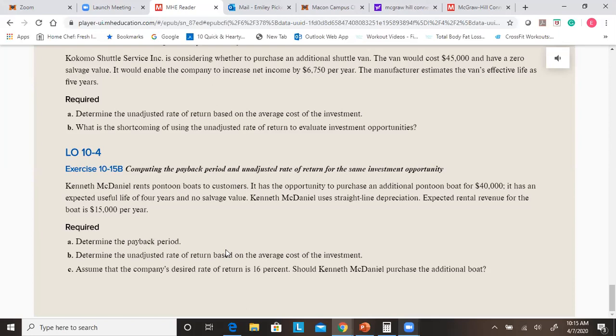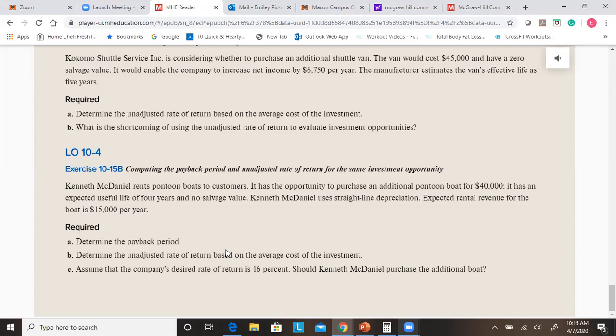And then your unadjusted rate of return, you're going to do the 15,000 over 40,000 divided by 2. That gives you 75%. Okay, everybody okay with that? Does anybody want me to write it up on the board?